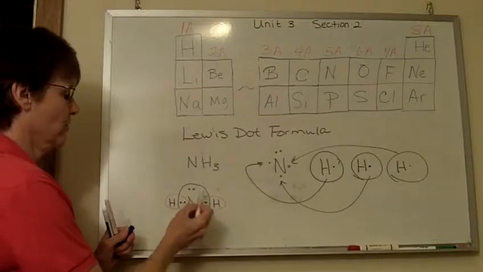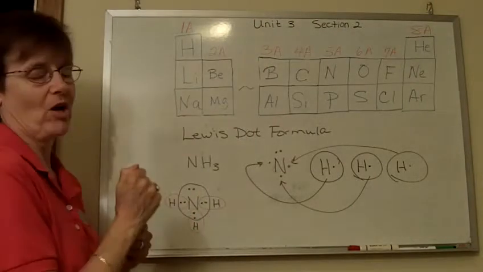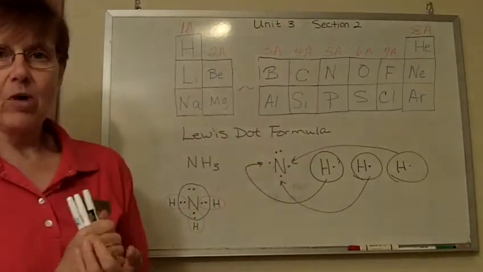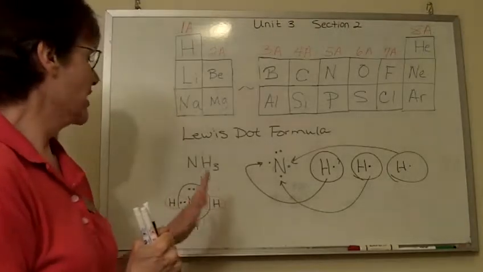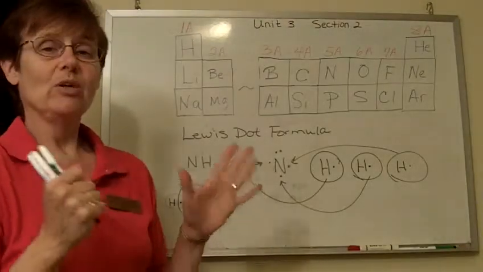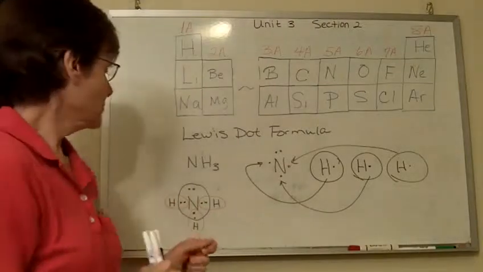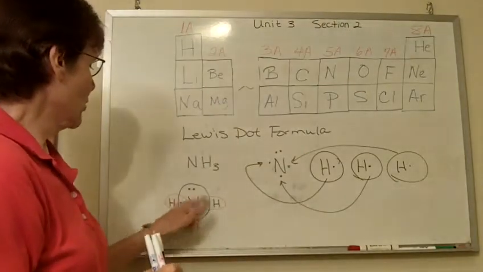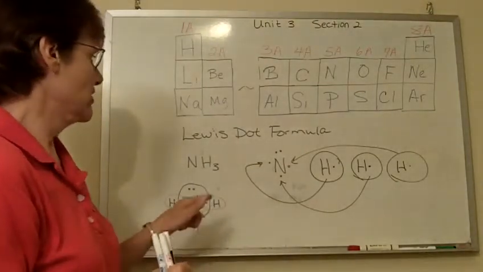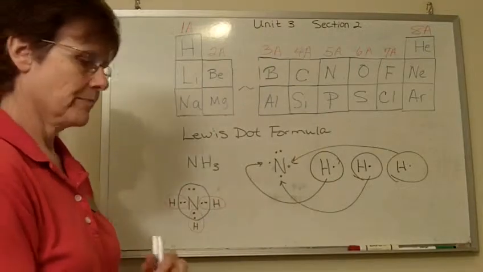Nitrogen thinks it has 2, 4, 6, 8, which makes it very happy also. So ammonia is a nice stable molecule because all the atoms have what they need to make them stable. Ammonia's got its 8, each hydrogen has its 2, and that works.